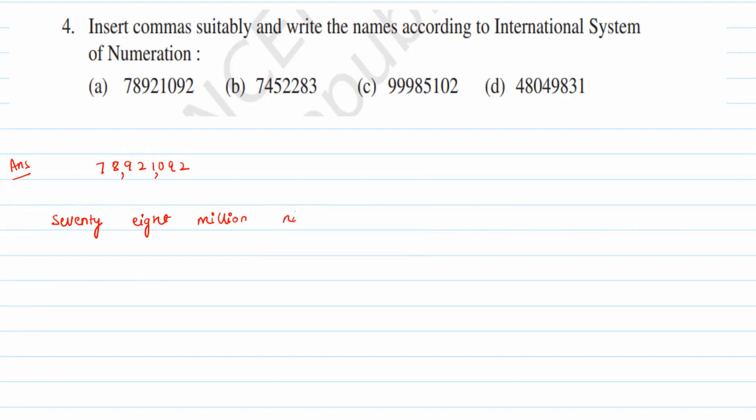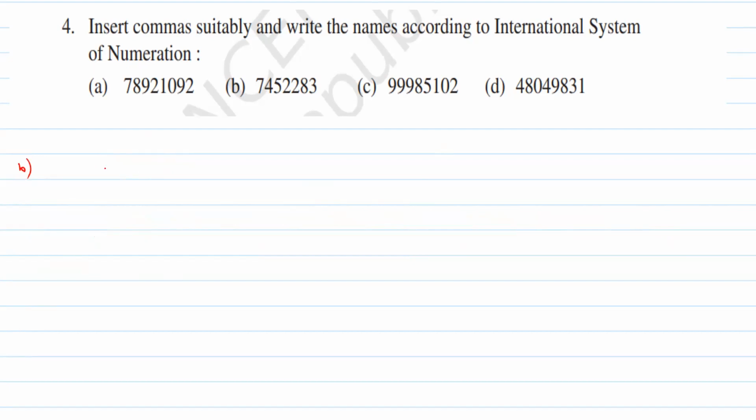Then 921 thousands because second period is thousands. Then simply we will not count 0, it is 92.